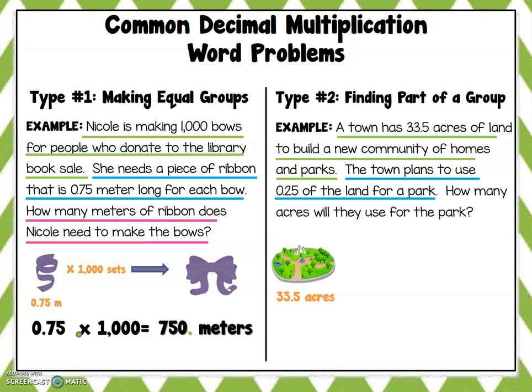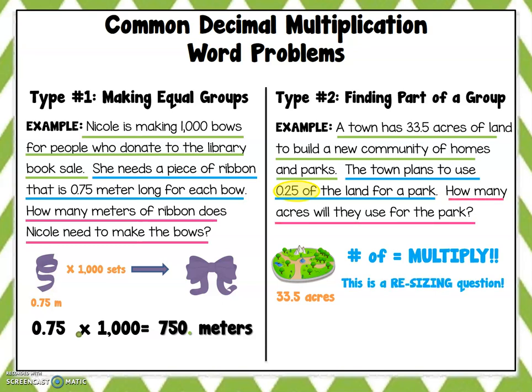Hopefully, your brain is starting to pick up on the fact that there's a number right next to the word of. This is a huge signal to multiply. That number-of combination means to multiply because it's a resizing type question. Our question sentence is asking us how many acres they're going to use because it won't be all 33 and 5/10 of them.